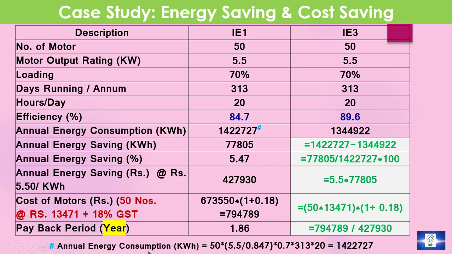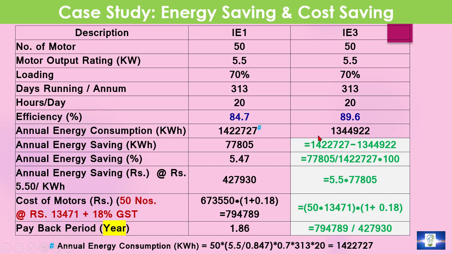The annual energy consumption is equal to the number of motors times the output power rating divided by the efficiency of the motor, that means the input power, times the percentage loading, times the number of days, times the number of hours per day, which is 14,22,727 kilowatt hour.